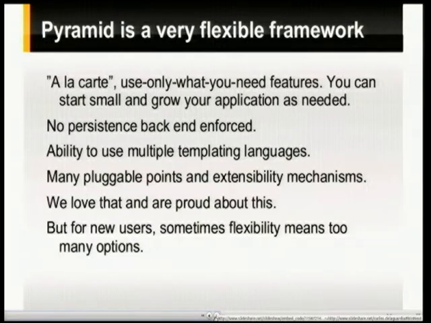So Pyramid is a very flexible framework, and it allows you to choose from a really big set of features that we think are very great. And they're not features that are specific to Pyramid. Some of those features are stolen from other frameworks like Django or Flask.